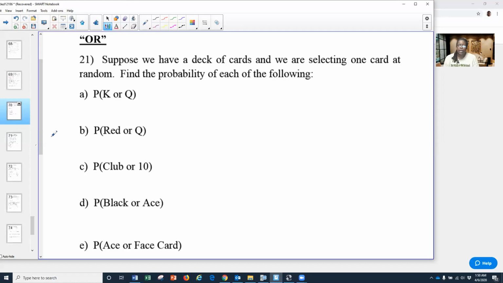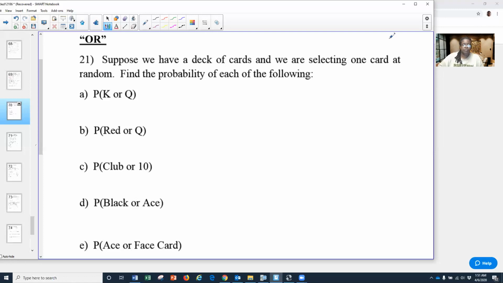So remember, with AND we multiply. Let's see what we do with OR now. So problem number 21. It says, suppose we have a deck of cards. Again, we're looking at our deck of cards, and we are selecting one card at random. Find the probability of each of the following. Okay. So now let's refresh.